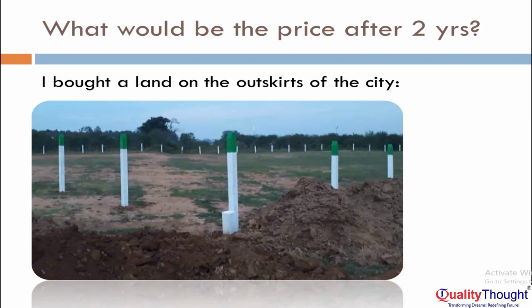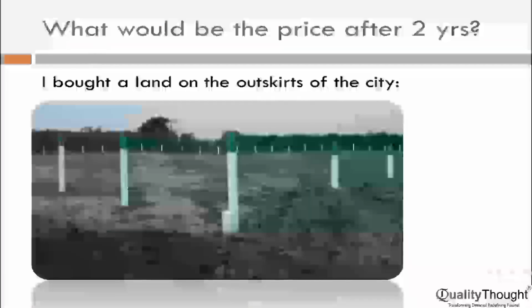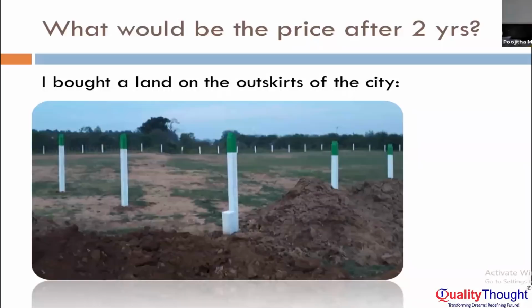But as you said, the situation here is non-deterministic or probabilistic. You are thinking that this is the most probable value. You can say anything, right? From 10 lakh, you can say 20, 50, 30, 100 crore, 5 crores, right?